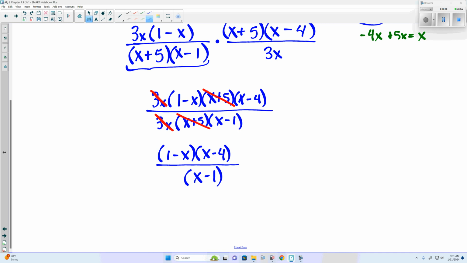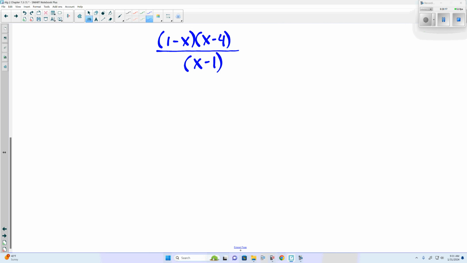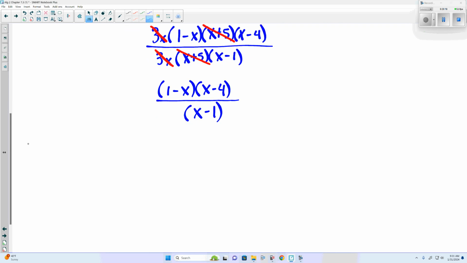Now, it is unfortunate 1 minus x and x minus 1 are very close to each other, yes? They're not exactly the same. Let's try something. What would happen if I factor a negative 1 out of 1 minus x?